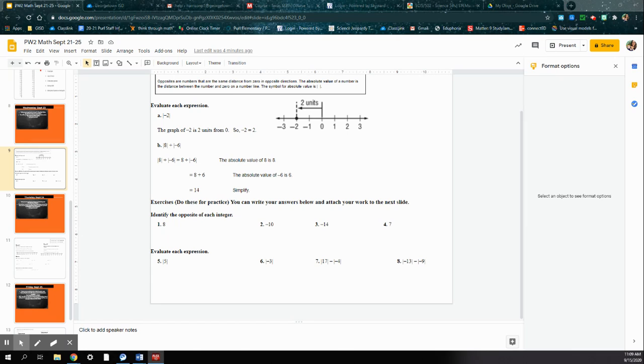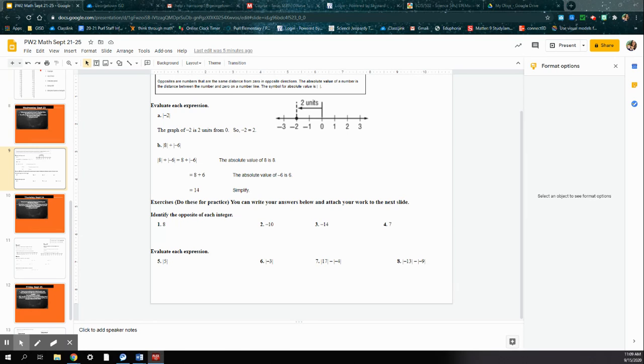I'm going to zoom out so you can see those notes and make sure you're writing these down. Unless there's a negative symbol that's outside of the absolute value symbol. So here's the example here. So how do I read this? This says the absolute value of -3, then I have a negative outside of here. So I would solve in here, just like grouping symbols.